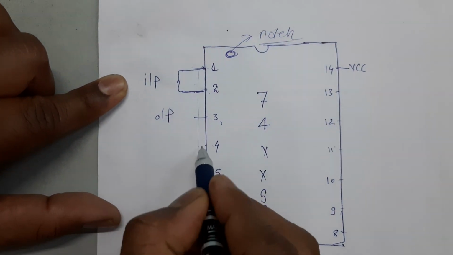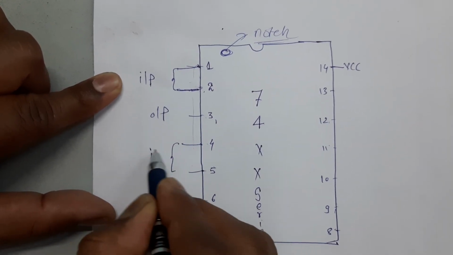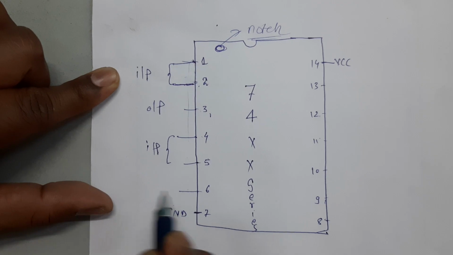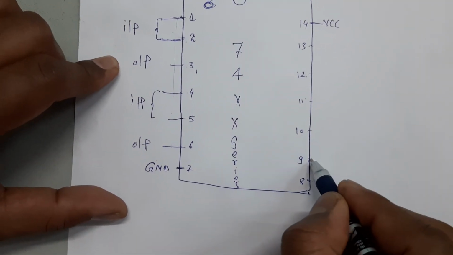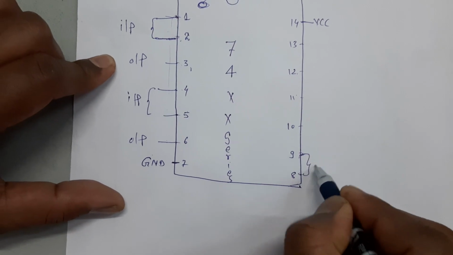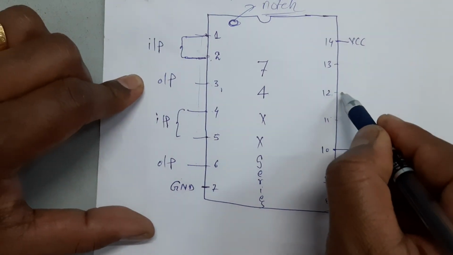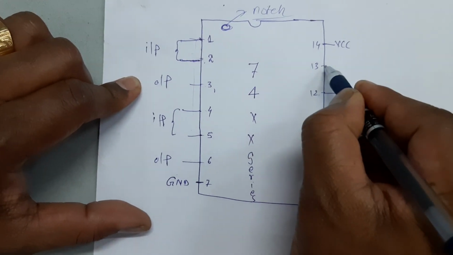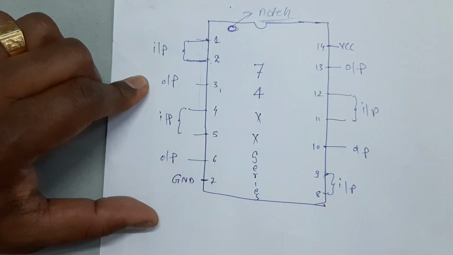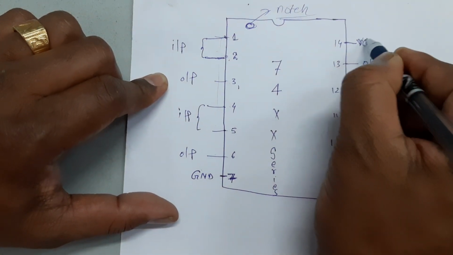Again for pin number 4 and 5 we are giving input, and from pin number 6 we are getting output. Again for pin number 8 and 9 we are giving input, and for 10 we are taking output. Likewise here also, for pin number 11 and 12 we are giving input, and for pin number 13 we are taking output. And pin number 7 is ground, and pin number 14 is VCC.